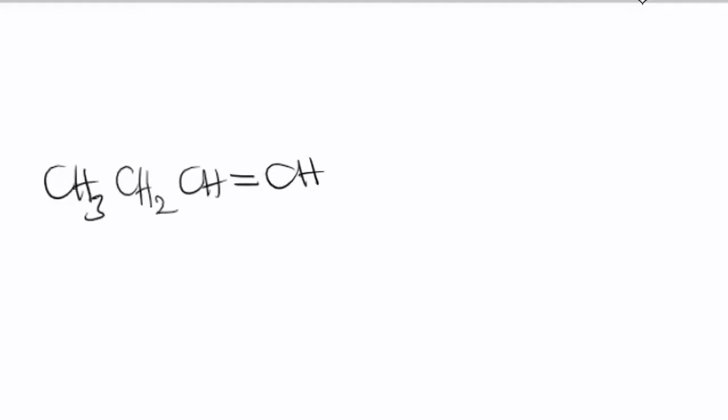So if I have CH3, CH2, CH and CH2, with this yielding CH3, CH, CH, CH3.